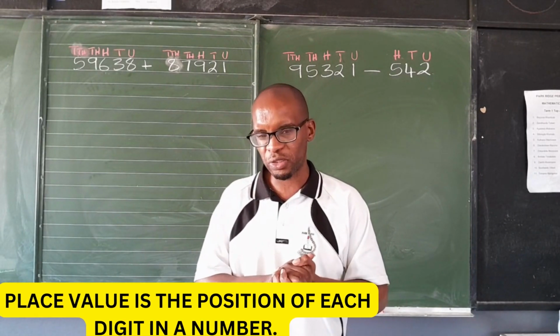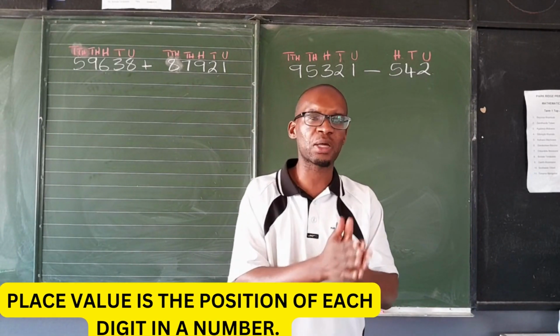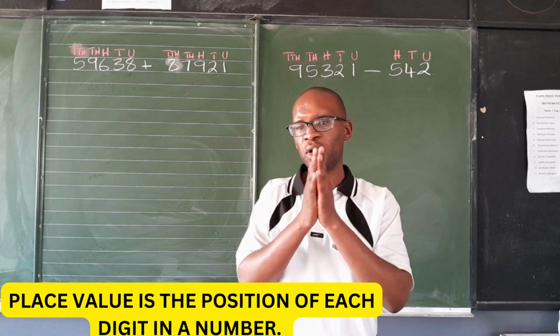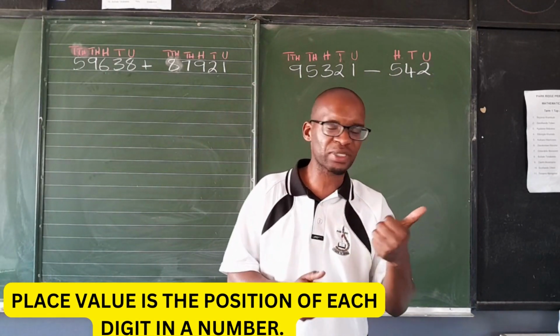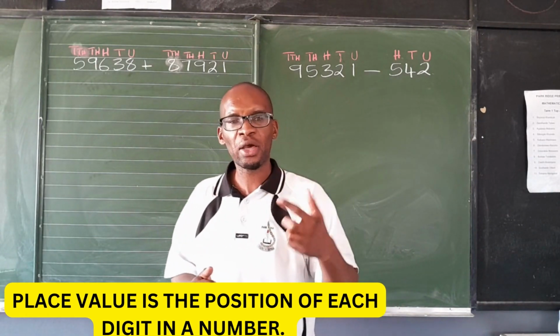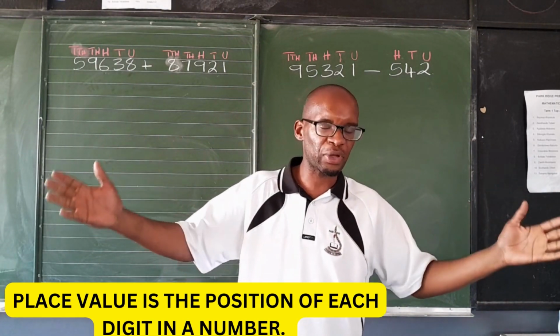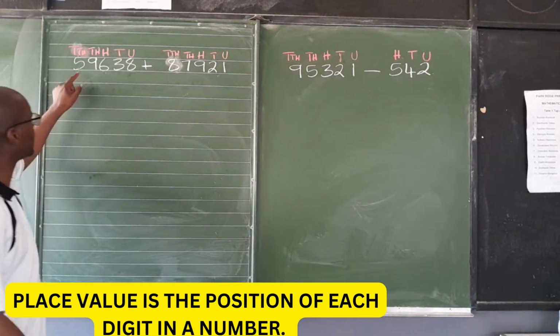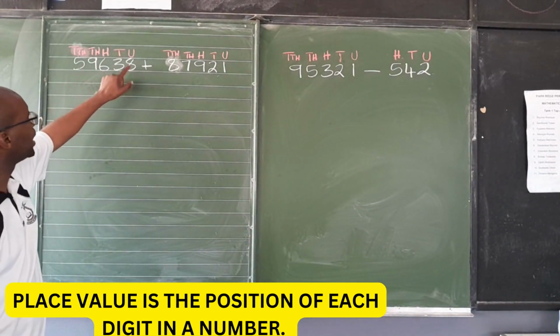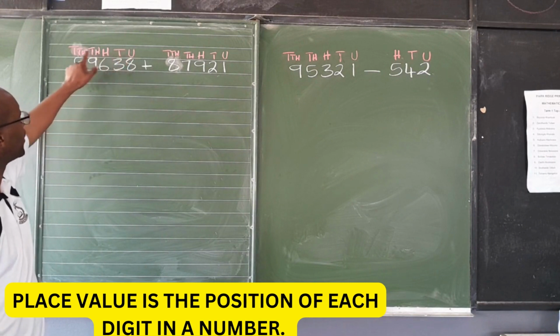So, what is place value? Place value tells us the position of a digit or a specific number. So it tells us, does this number represent units, tens, hundreds, thousands, 10,000s, 100,000s, or even millions, and so on. If you look at my first number, 59,638, I've written the place value of the numbers on top.